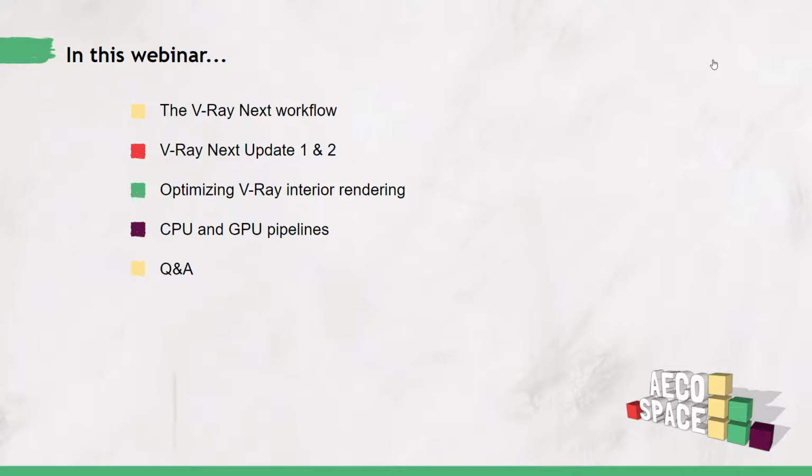So from the beginning, if you decide to go CPU, please go CPU. And if you decide to go GPU, please do that for the whole project. Because if you switch in the middle, it's normal for some differences to occur. It's like switching the render engine. So when using V-Ray now, please just in the beginning pick whether you are going to render CPU or GPU and then continue.